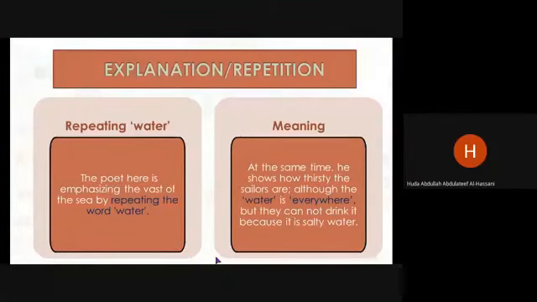So here we have a repetition with the word water, and also we have a repetition with the line water, water everywhere.